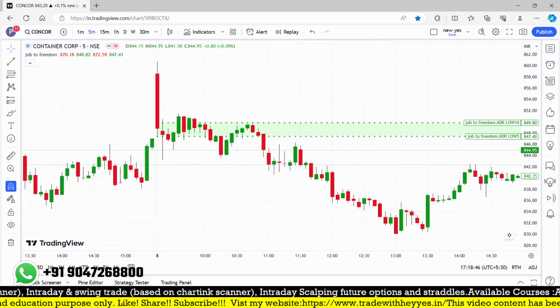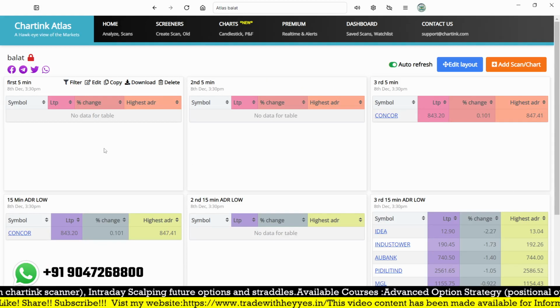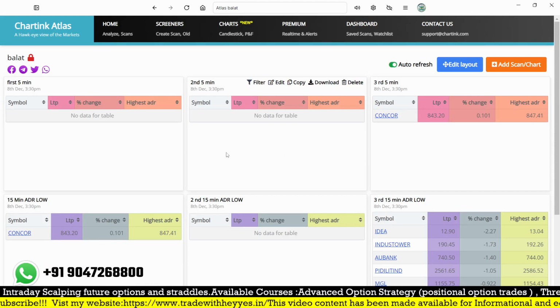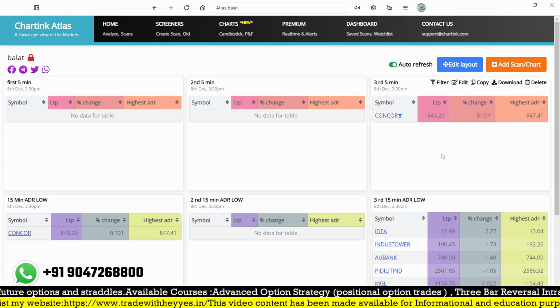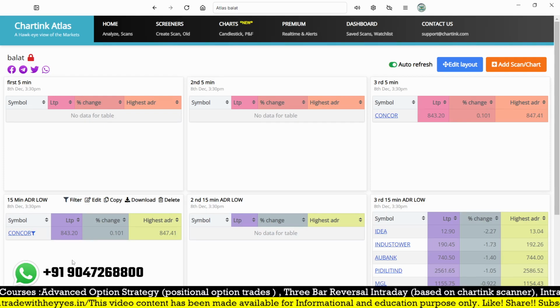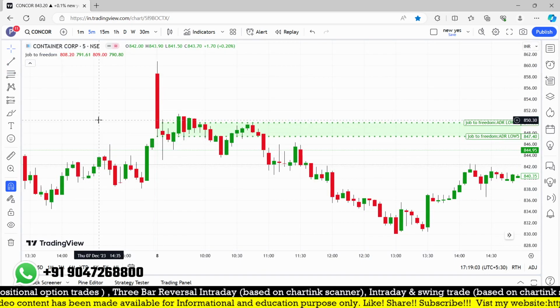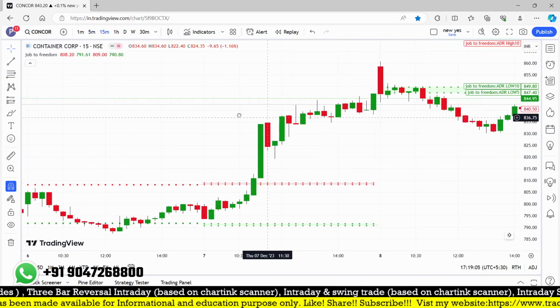So we are looking at the first three consecutive 5 minutes candles. We don't have any opportunity in the first candle, and we don't have any opportunity in the second candle, but in the third candle we have Container Corporation. One more important thing, on 15 minutes, the ADR low, in the first candle itself, we got it. One more confirmation on 15 minutes, it closed below the ADR.